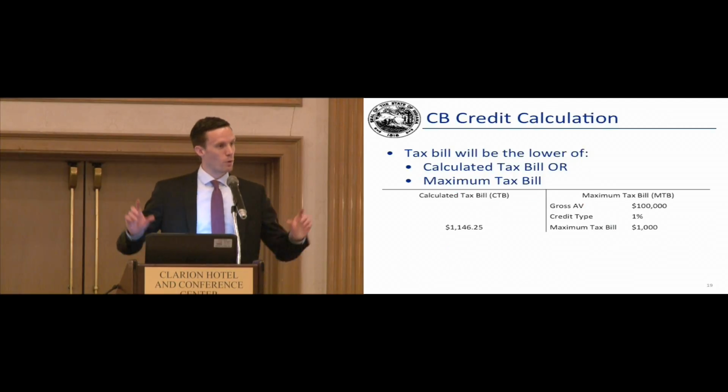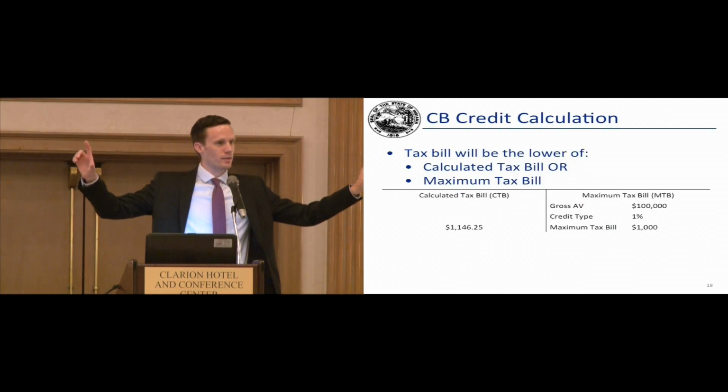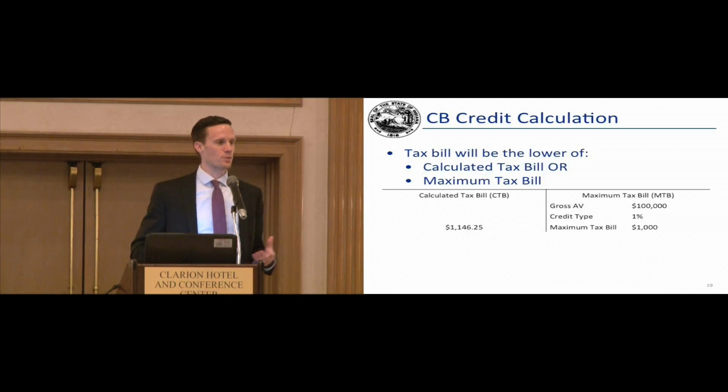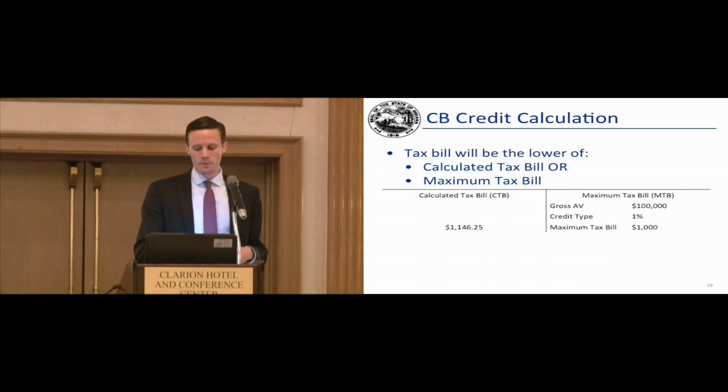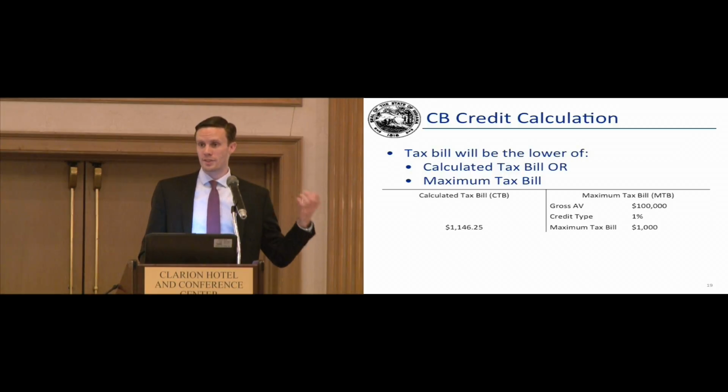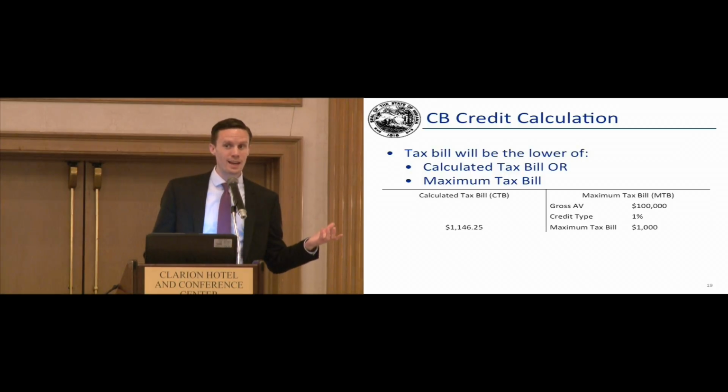So if we wanted to think about it in terms of an either or, we're trying to decide what the net tax bill should be for a taxpayer once we've gotten to the point that we know what their gross tax bill is going to be. We can compare that gross tax bill, or what I've labeled the calculated tax bill, to what would be the maximum tax bill.